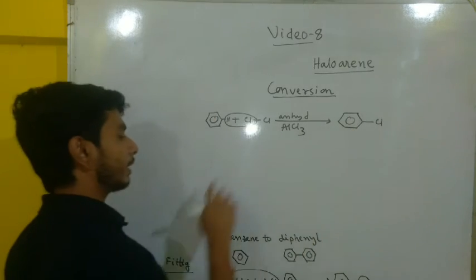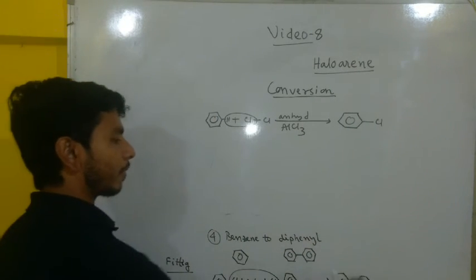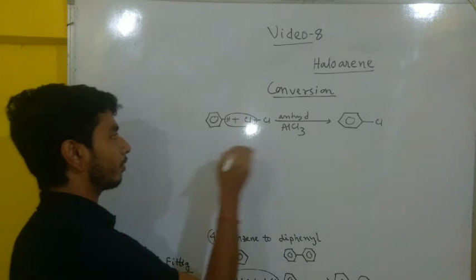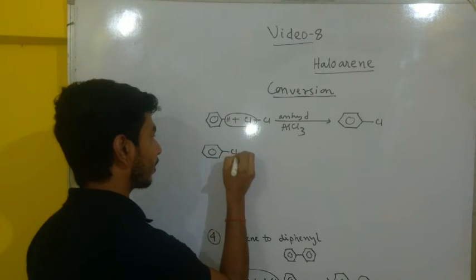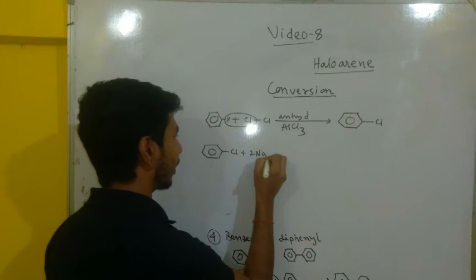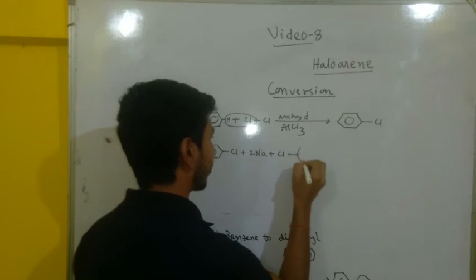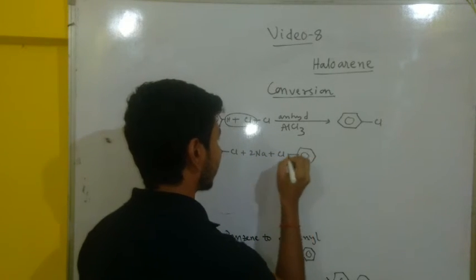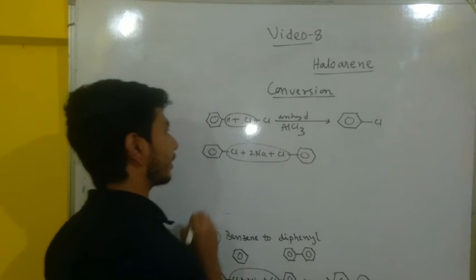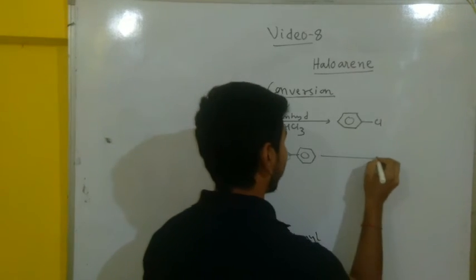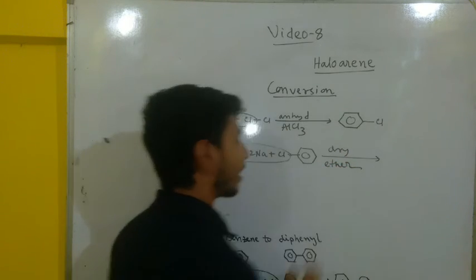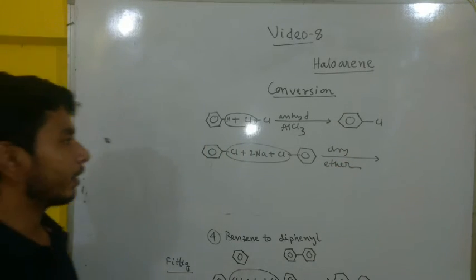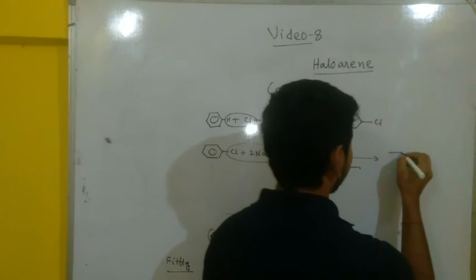Now this chlorobenzene is converted to diphenyl. Chlorobenzene upon treatment with sodium, where 2 equivalents are required, NaCl is removed in the presence of dry ether, and we get diphenyl.